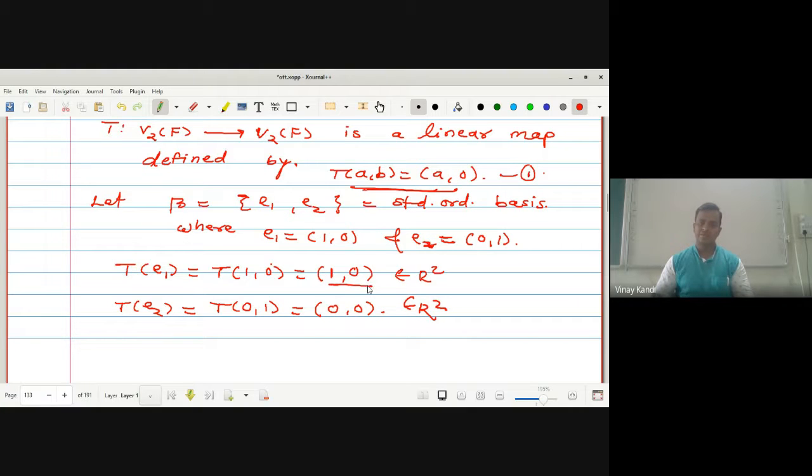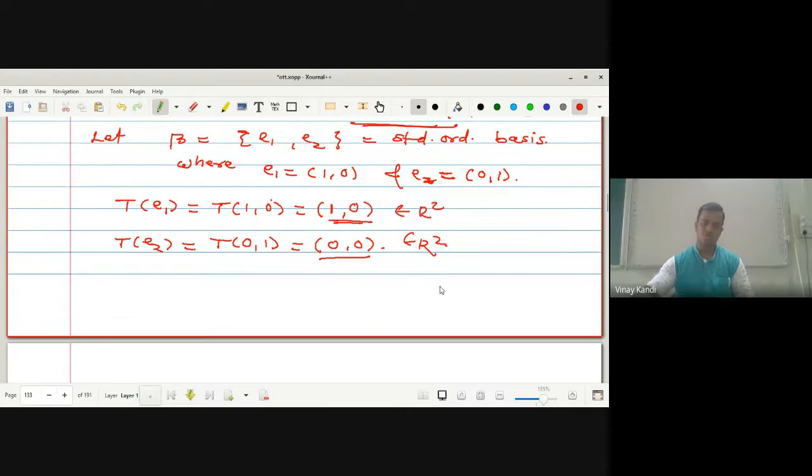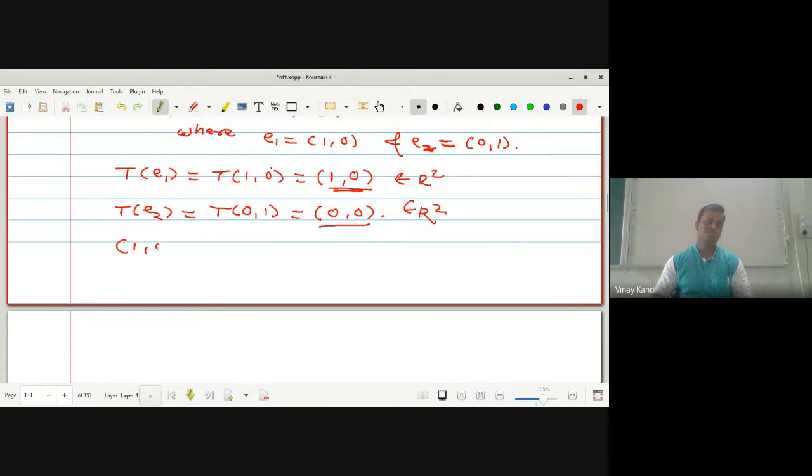So this element we can write in the form of a linear combination of basis elements of R2. So this implies (1, 0) we can write as 1 into (1, 0) plus 0 into (0, 1). These are the two basis elements of R2.